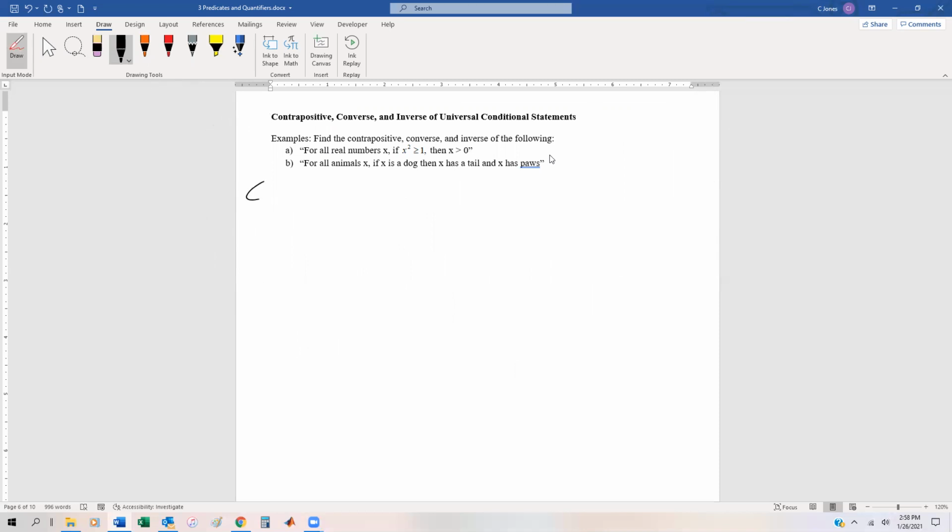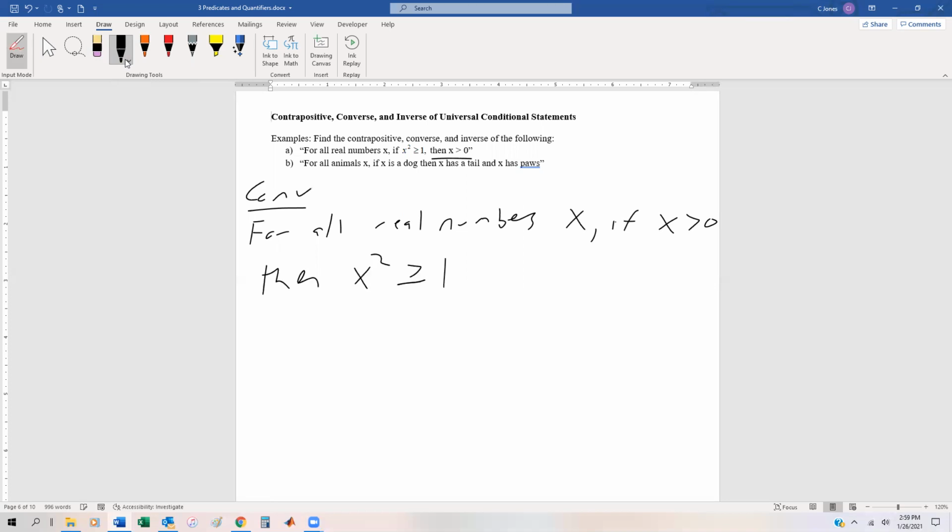The converse is: for all real numbers x, if x is greater than 0, then x squared is greater than or equal to 1. I'll just write it out this time since it's the first time we're doing this. What we're doing is taking the conclusion and writing it as the antecedent.